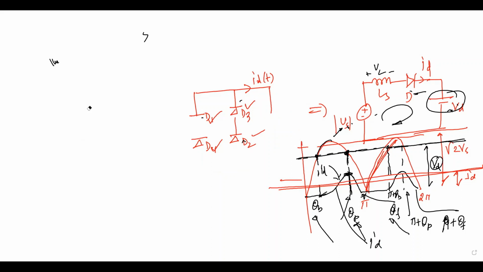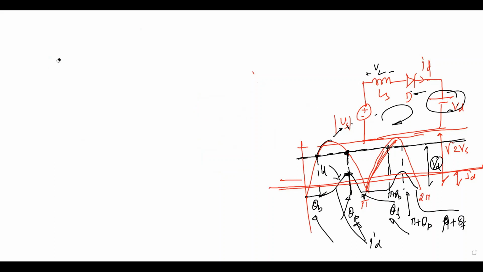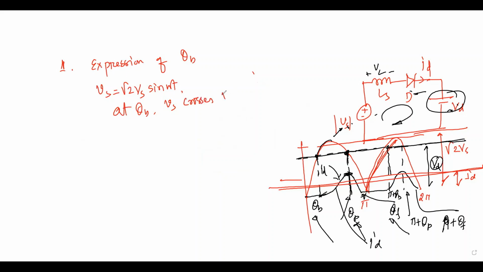So first we want to find out the expression of theta b, the beginning of the current. Can anyone tell me? We know the equation Vs equal to root 2 Vs sine of omega t, and also we know that at theta b, Vs equals Vd.